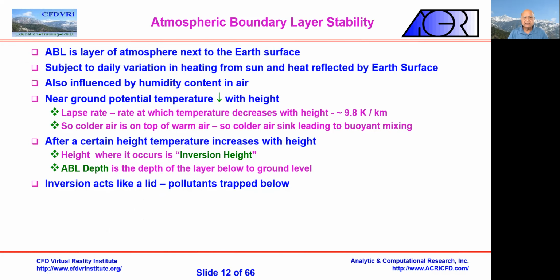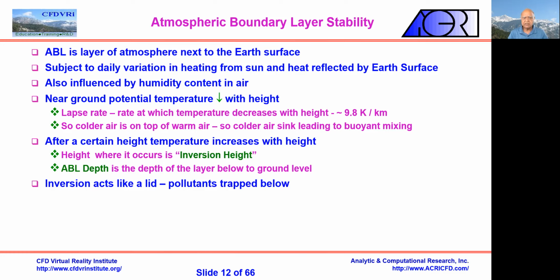Now, let's look at the ABL, which is a very important thing that happens. ABL is the layer of atmosphere next to the Earth's surface, characterized by a log law, okay? It's subject to daily variations from heating, sun, heat reflected by Earth's surface, humidity in the air, and all that. And the interesting thing is that the potential temperature drops with height, okay?